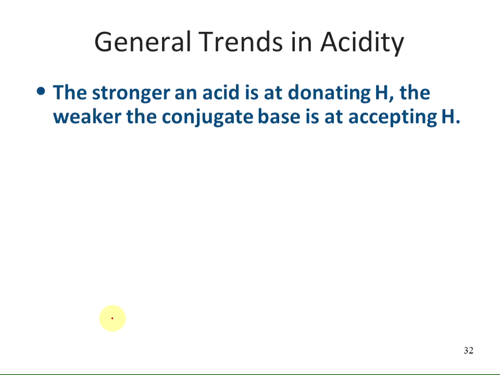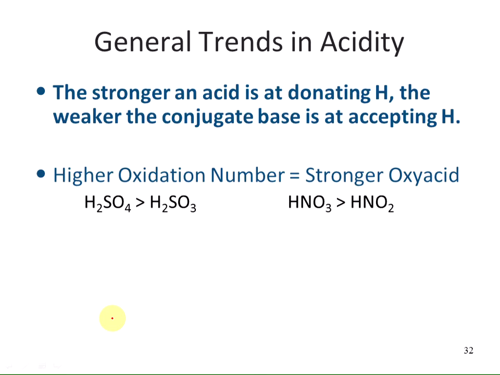So more about the general trends in acidity. The stronger an acid is at donating protons, the weaker the conjugate base is at accepting the proton. Also, the higher the oxidation number, the stronger the oxyacid. So if we're looking at sulfuric acid, let's determine the oxidation state of the sulfur.